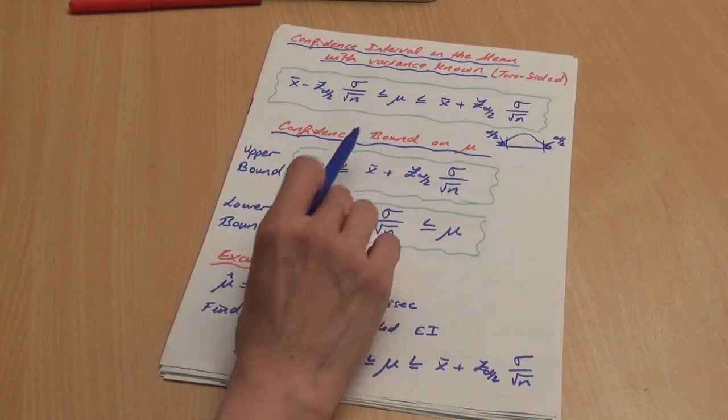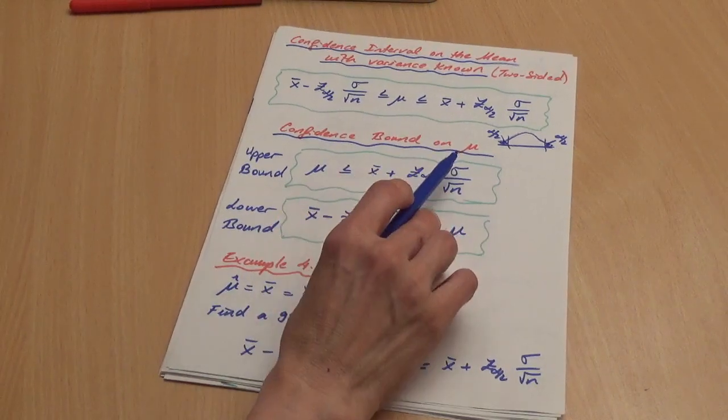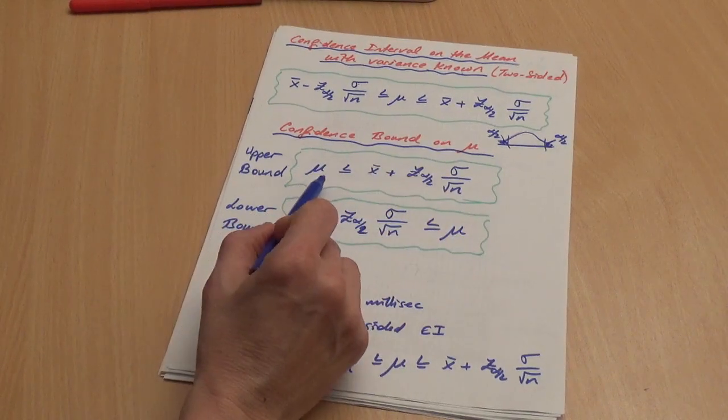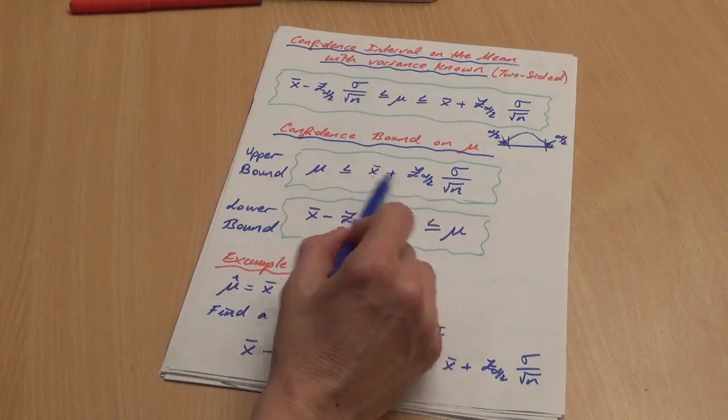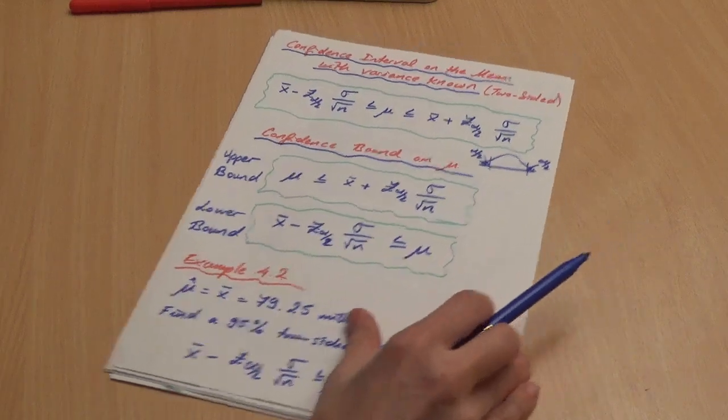And we have confidence bound on mu. We have only an upper limit in this one, and we have only a lower limit for this one.